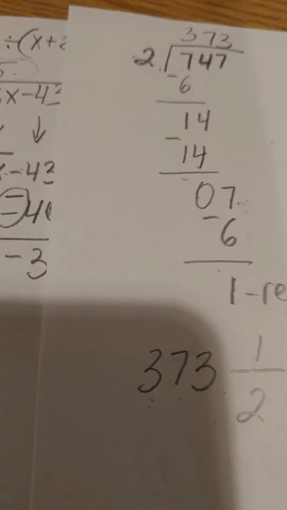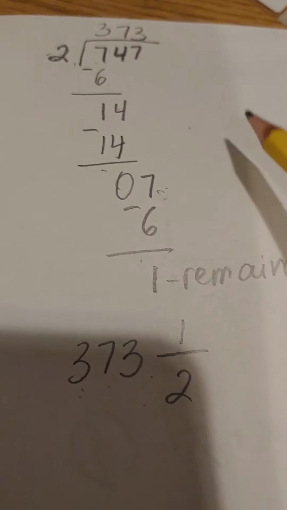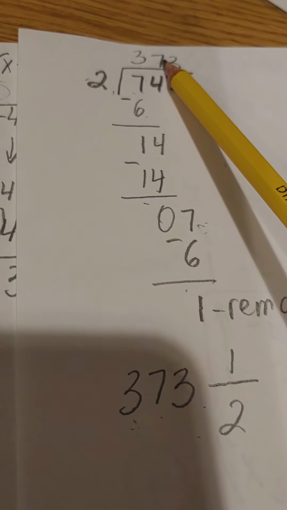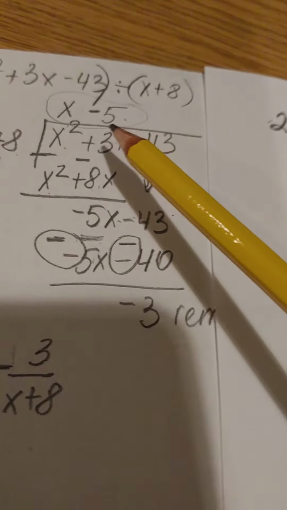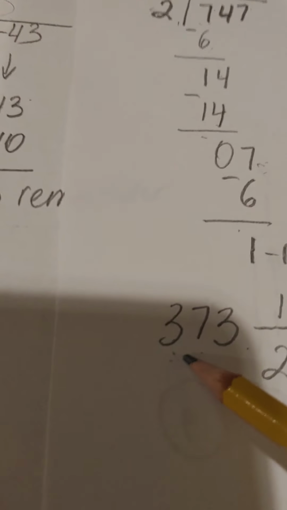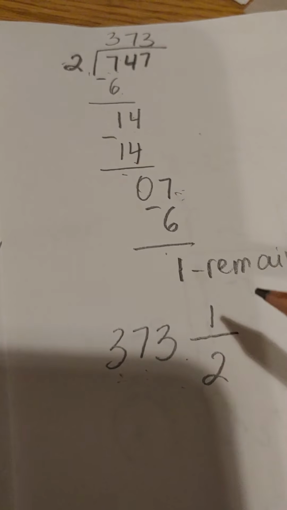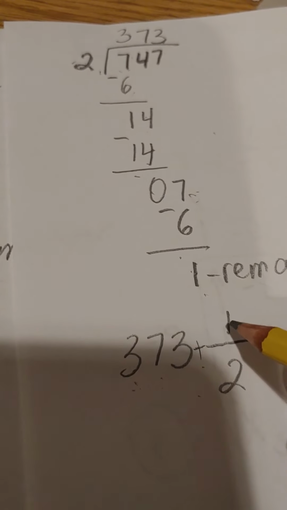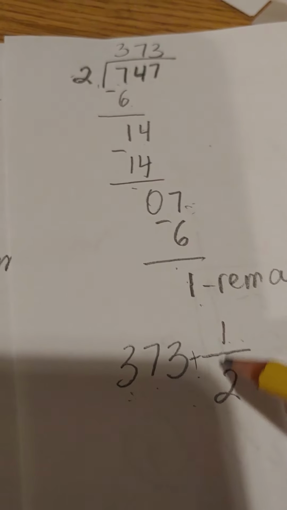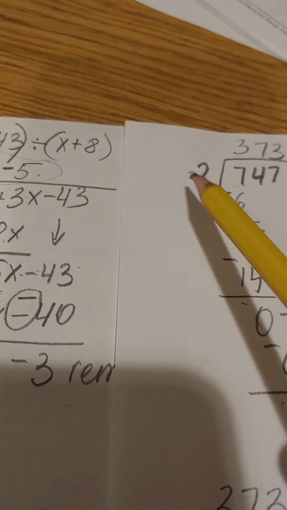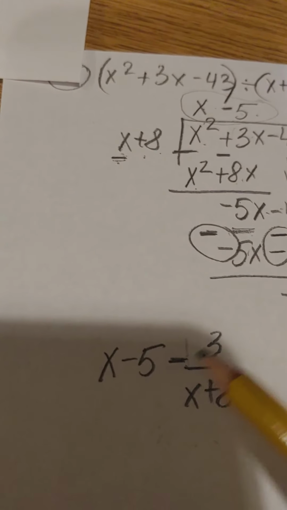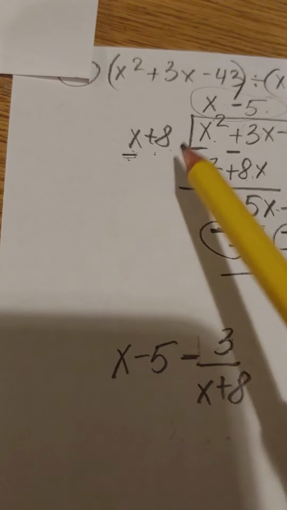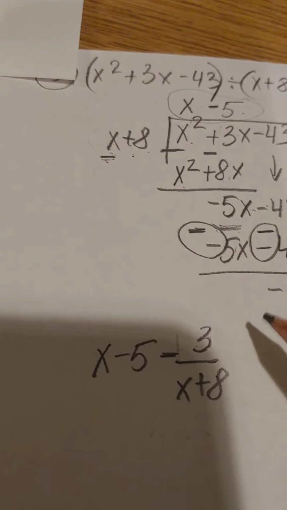Remember, with 747 divided by 2, on top we had 373, and I put whatever was the remainder, plus 1, over whatever we were dividing by, which was 2. And here, negative 3 over whatever we were dividing by, which is x plus 8.